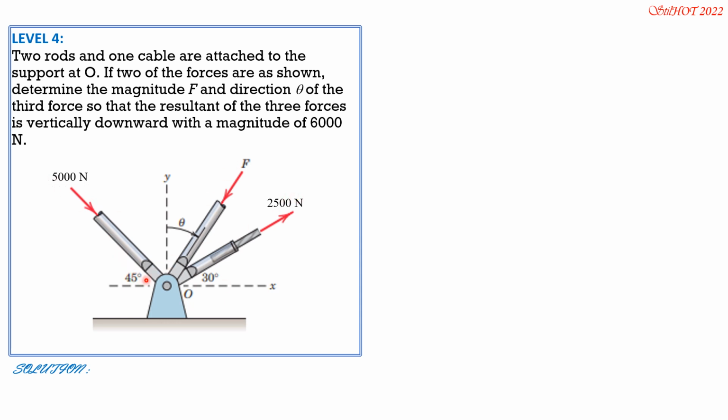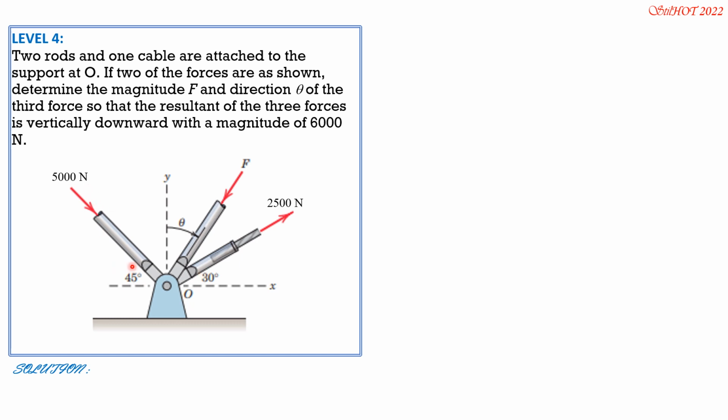Let's begin with 5,000. It is positive. 5,000 cosine 45. Let's use the reference angle. There's only one method here, so you have to select. It's up to you which method you want to apply, the most convenient for you.